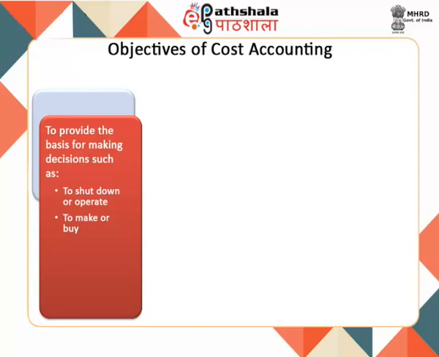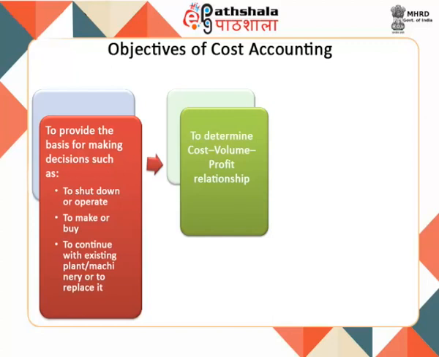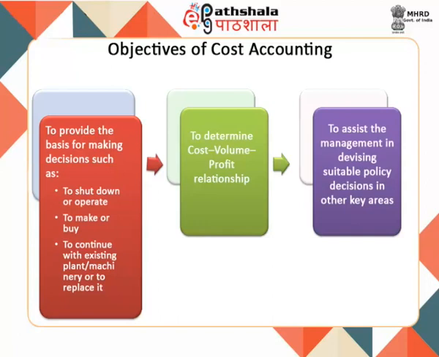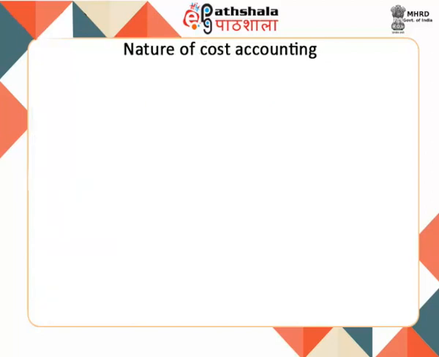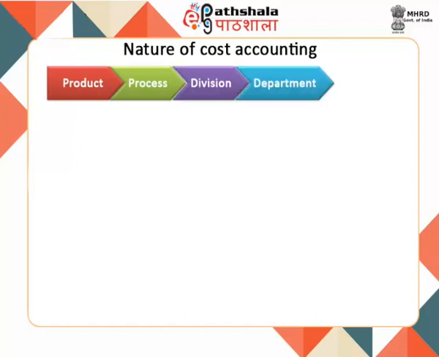Number six, to determine cost volume profit relationship. Number seven, to assist the management in devising suitable policy decisions in other key areas. The nature of cost accounting is that it is concerned with ascertaining the cost of a product, process, division, department, or service.